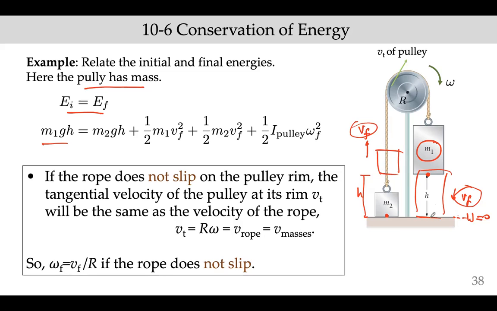So in the final case, this doesn't have any potential energy. This has potential energy M2GH. Be careful about these indices. Now both have final velocities, so we will have kinetic energies for both. Notice that I'm using the same V final. Why? If these objects are connected with a rope, they should have the same speed and same acceleration.